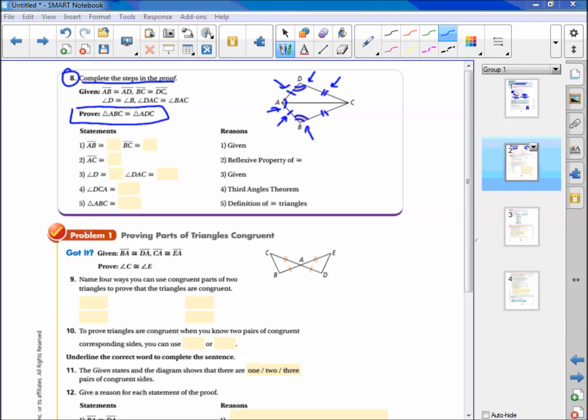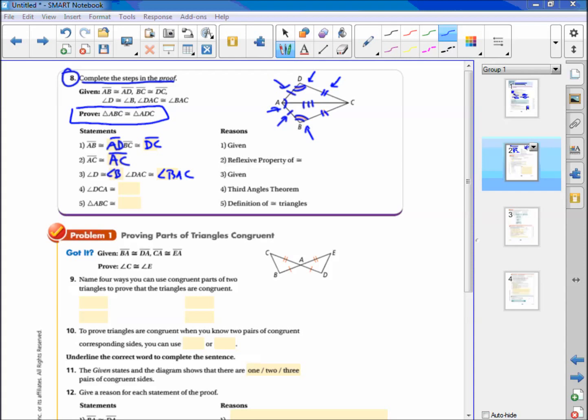First off, we have AB is congruent to AD, and BC is congruent to DC. That's our given. Then we can use the reflexive property to show AC is congruent to itself. That's the one in the middle. Then we can say angle D is congruent to angle B, and angle DAC is congruent to angle BAC. That was in the given.